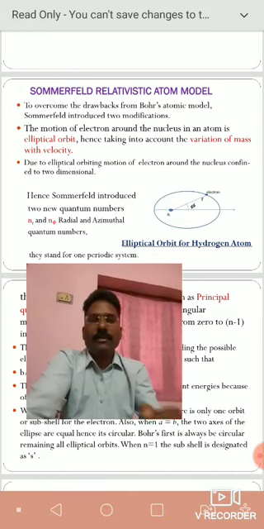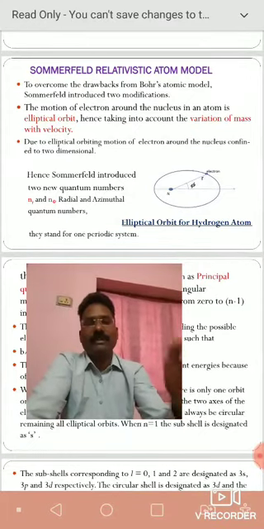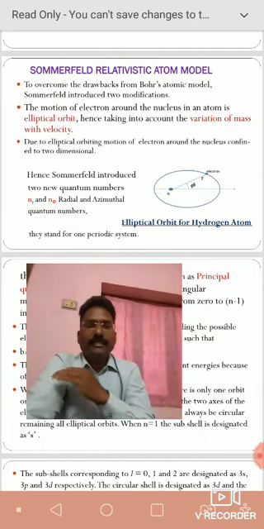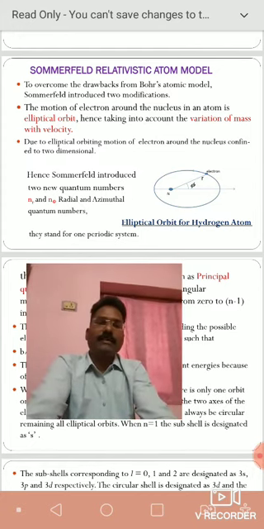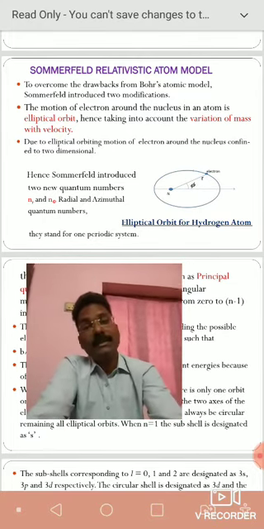If the motion of the electron is elliptical, then, please observe the diagram on the left-hand side, the distance between electron and nucleus varies. If the electron is moving very close to the nucleus, the radius r changes. If it is farthest from the nucleus, the radius increases, the velocity decreases, and hence the mass increases.